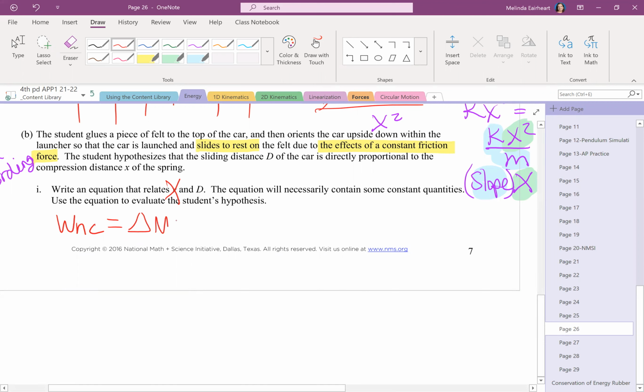Change in mechanical, which, if we define our system the good old-fashioned way, spring, earth, object, then this mechanical is going to be changes in kinetic and changes in potential. Now, let's talk subscript. In this example, again, this one's an extension of the lab type. There's no height change on this glass tube with the car.